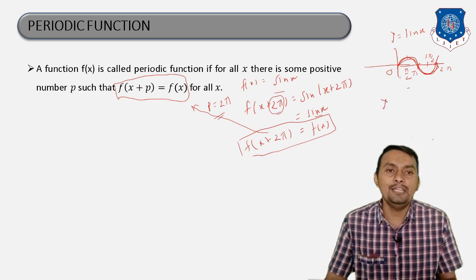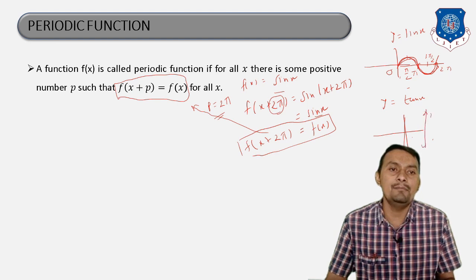The same argument you can follow for y is equal to tan x. What will be the period? Here you can see that at x equal to pi by 2, tan pi by 2 is nothing but infinite, and if you assume x is equal to minus pi by 2, the answer is going to be minus infinite, and we know that the graph of the tan function is like this.